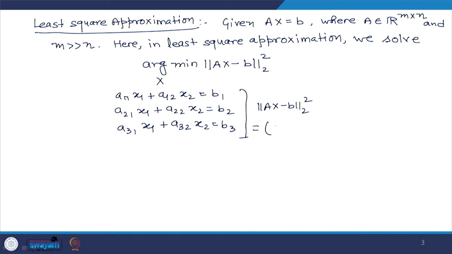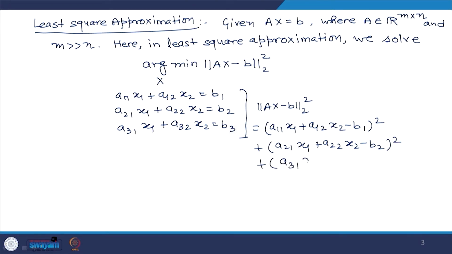This is nothing but a11 x1 plus a12 x2 minus b1 squared, plus a21 x1 plus a22 x2 minus b2 squared, plus a31 x1 plus a32 x2 minus b3 squared. So, now this is my sum of the residual errors. Now, least square means we have to find x1 and x2 which minimize this particular sum of the residuals.